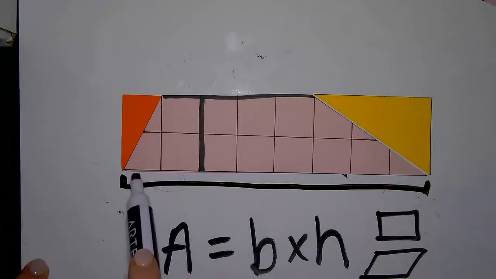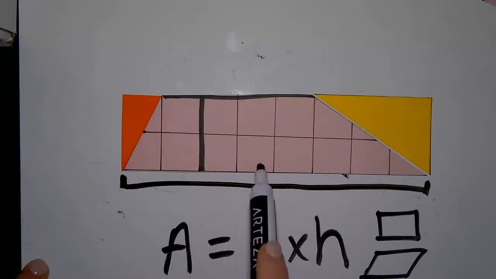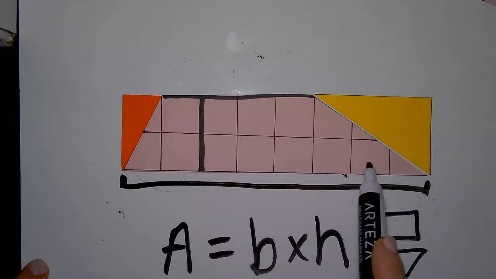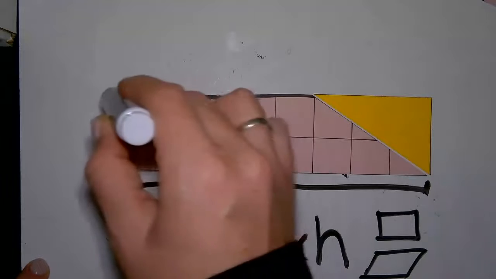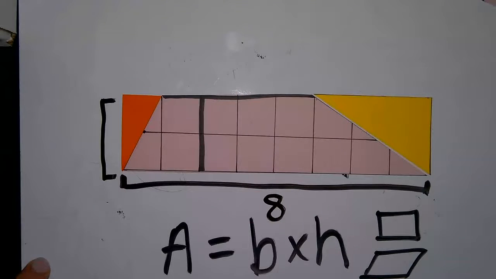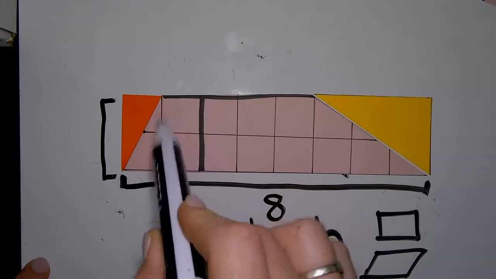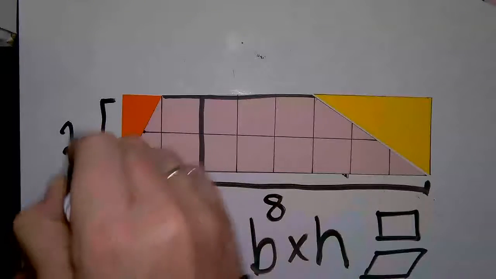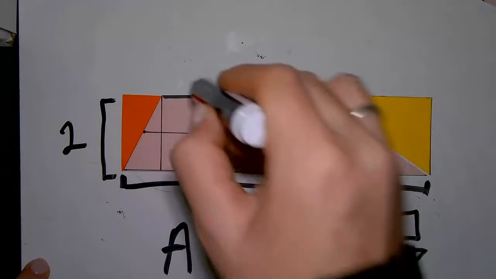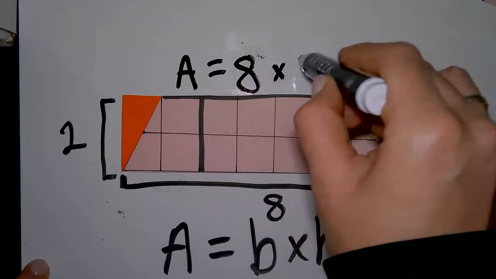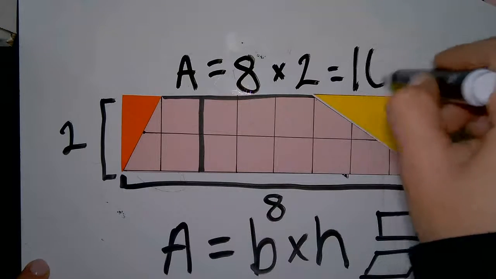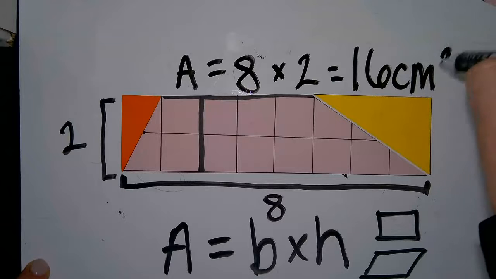So I'm going to count 1, 2, 3, 4, 5, 6, 7, 8. And I need to find the length of my height, 1, 2. And now I can solve my equation. Area equals base times height, which is going to be, in this case, 16 centimeters squared.